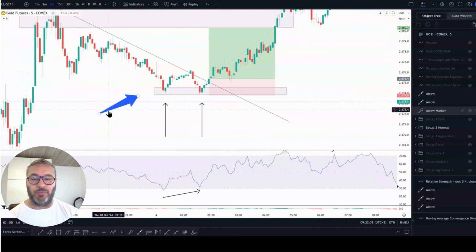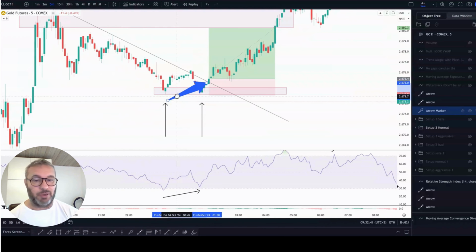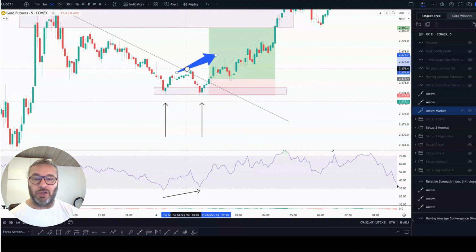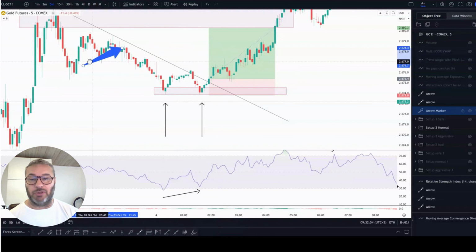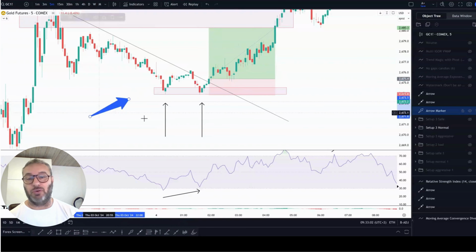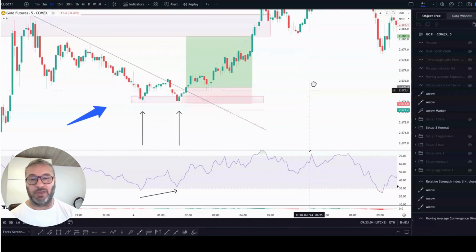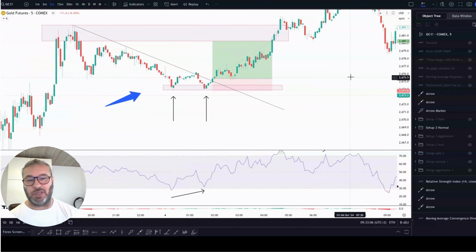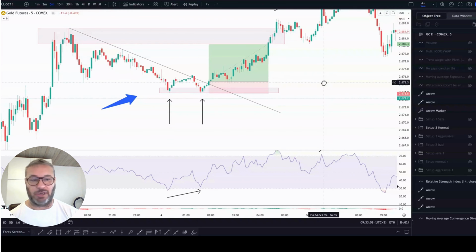And also, if you don't have much time in your life to monitor a trade, then after it broke here, you can set it as a set and forget trade, and you can say, okay, when it comes up around here where there is another resistance area, you can move your stop loss to break even or do what fits you the best. So this here is the more safer but still normal setup.